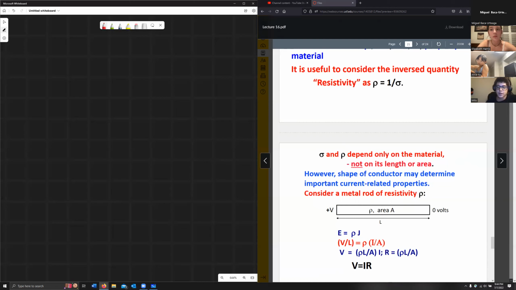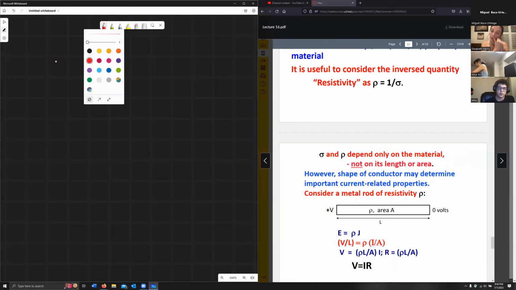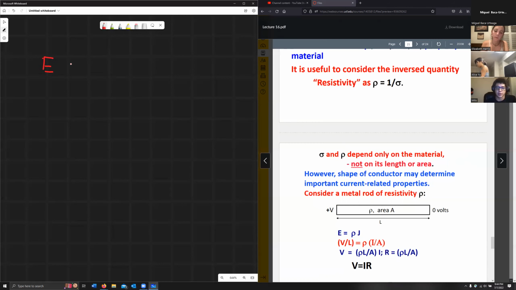I do want to mention that the reason we can use the voltage divided by the length in this example is because we're considering a wire. The only way for a wire to get a current is if there is an electric field being passed through the plates, which would be the EMF, like a battery.